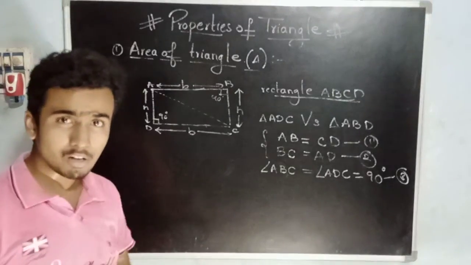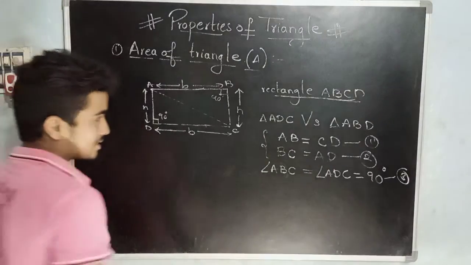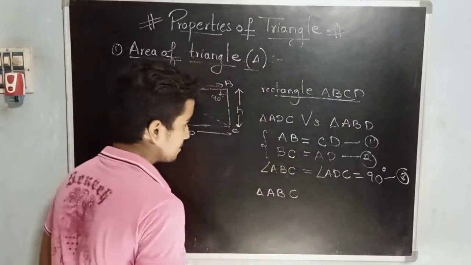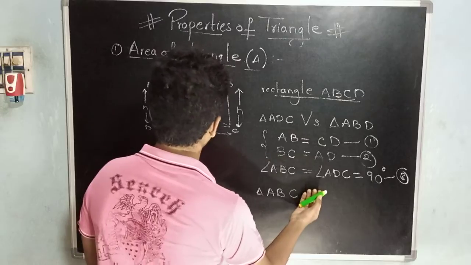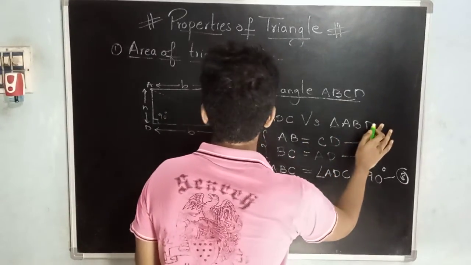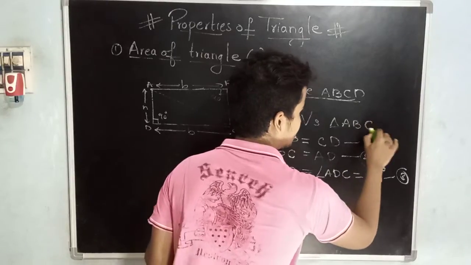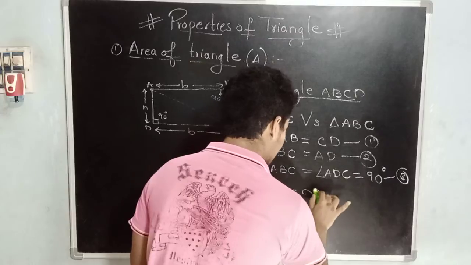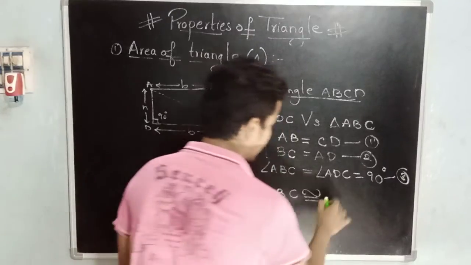So by the condition of congruency, it is said that triangle ABC is congruent to triangle CDA.